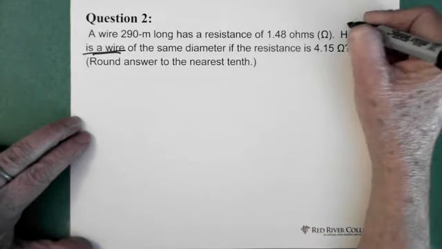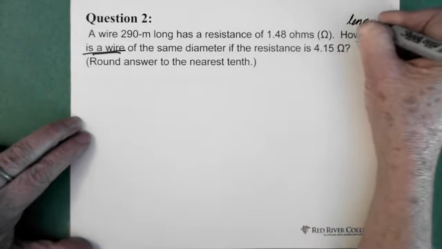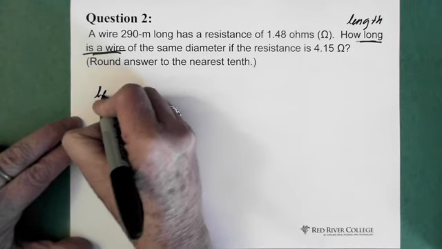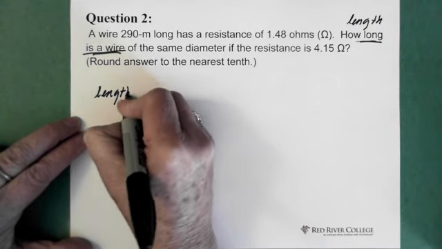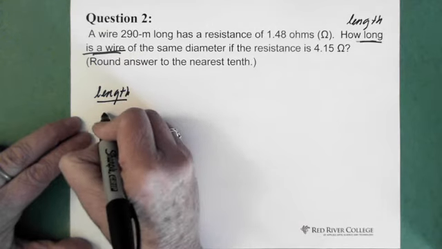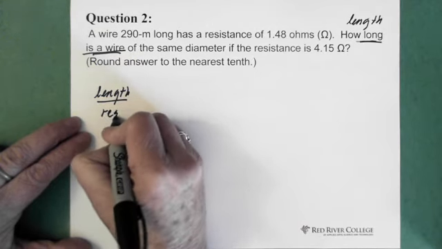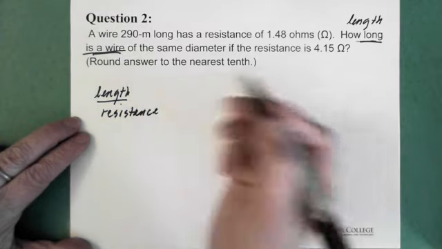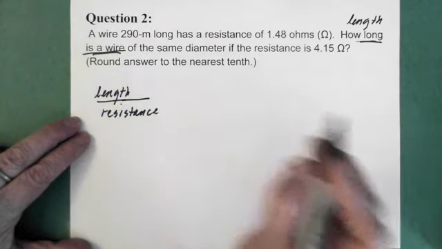What we're looking for here is length. So we can set up the proportion as length over resistance. The reason I set it up that way is because we end up with length on the top. It's less work.